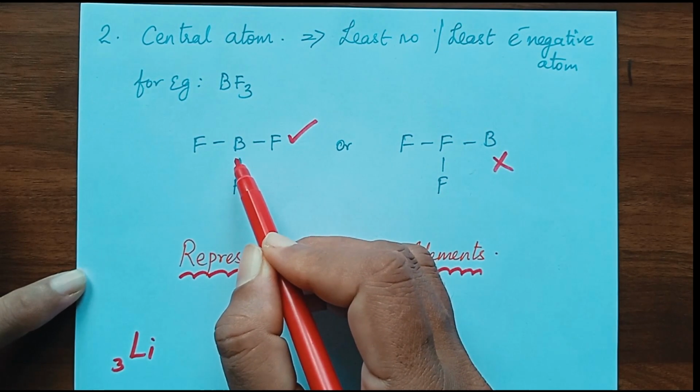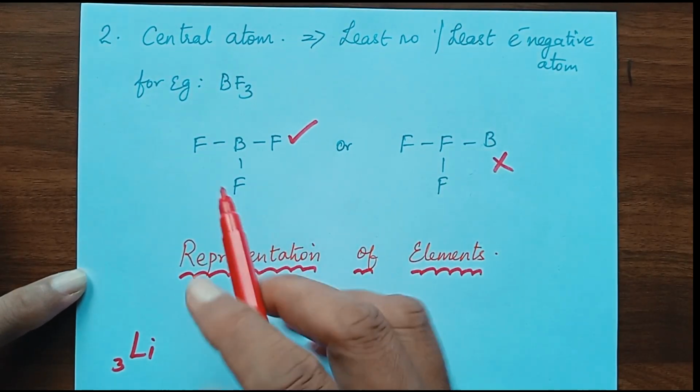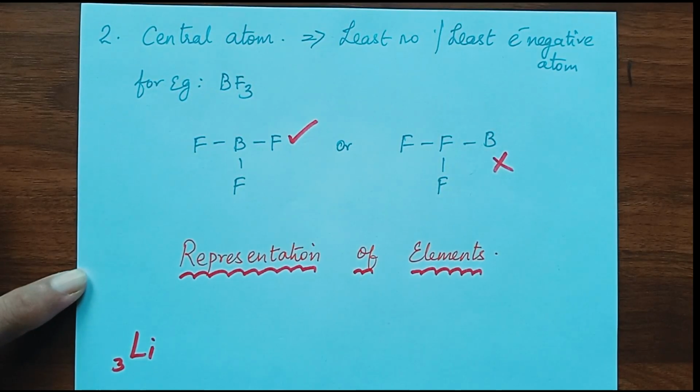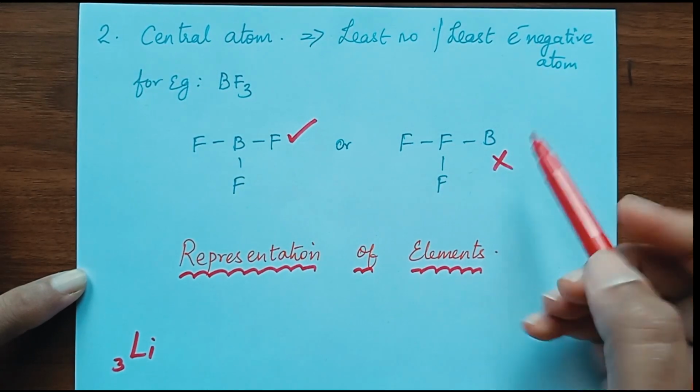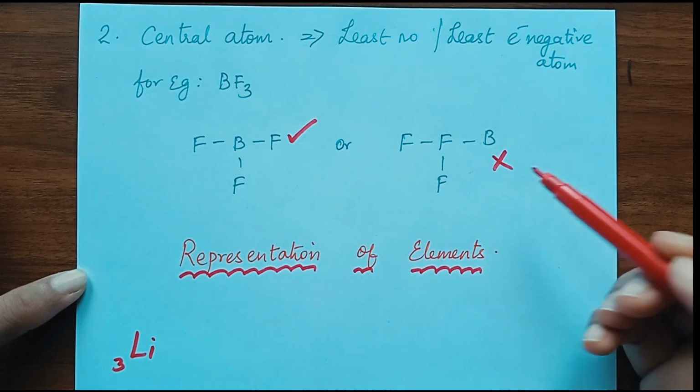The central atom will be boron. So we can find the central atom by the least electronegative element, or the least number of atoms, or the atom which has the highest atomic number. Okay, so in this one, BF3, this structure is the correct one and this is the wrong structure.